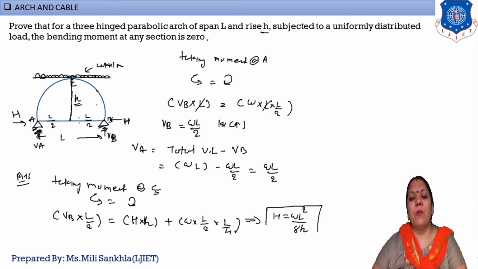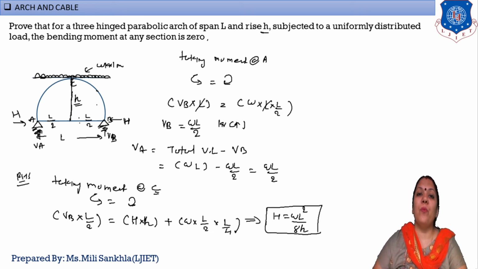In this equation we put the value of VB, WL by 2, then L by 2, H into H, and here WL square by 8. WL square by 4 minus WL square by 8 is equal to H into H, and our final answer is equal to WL square by 8H.